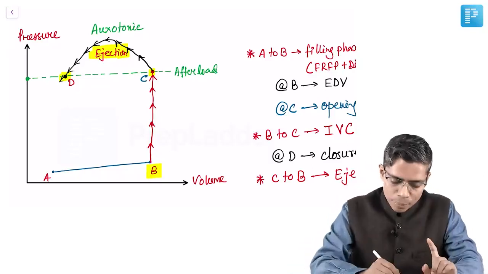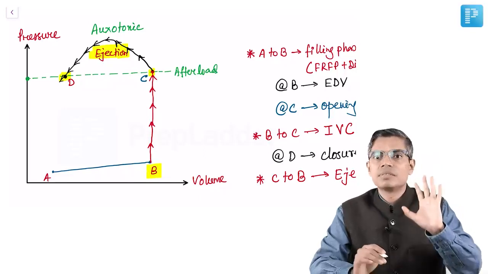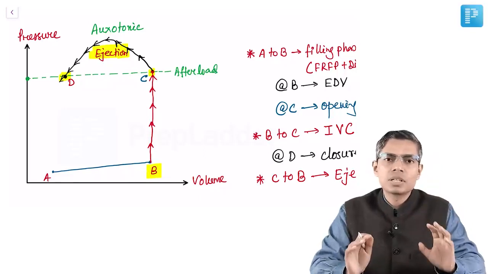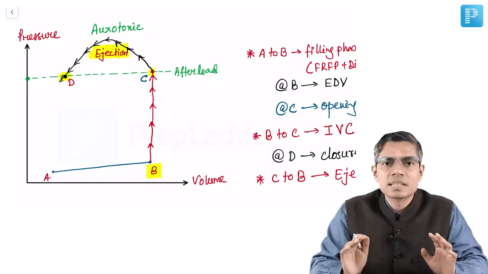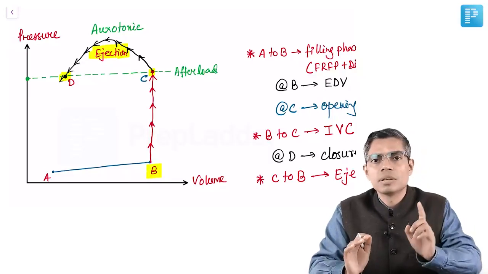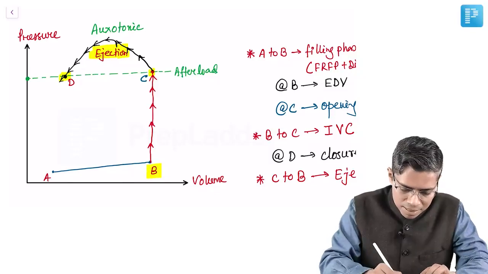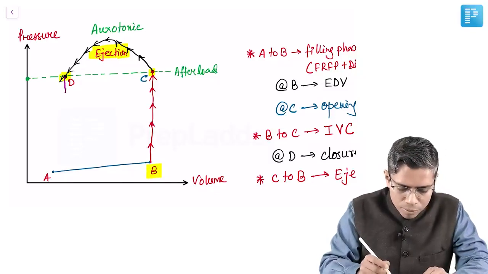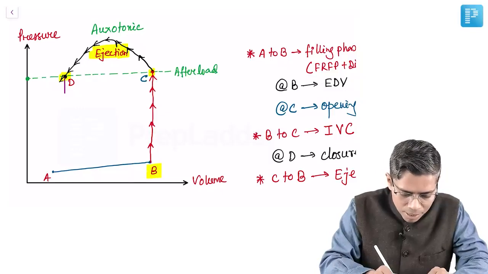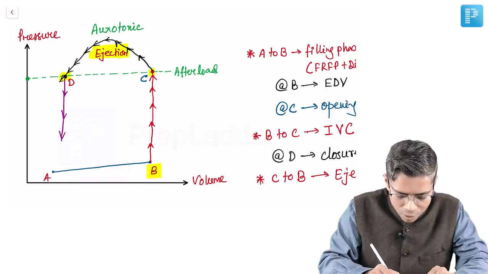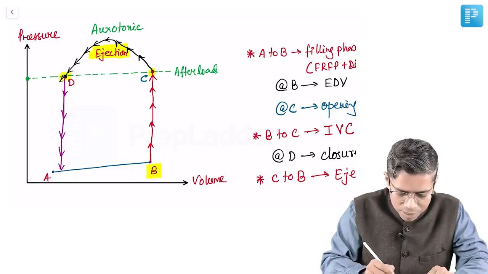Now at point number D, the semilunar valve is closed. After the closure of the semilunar valve, which phase of cardiac cycle is going to start? Isovolumic relaxation. So isovolumic relaxation means I can easily understand that the volume will remain the same, but the pressure in the ventricle will drop down to a very low level like this.